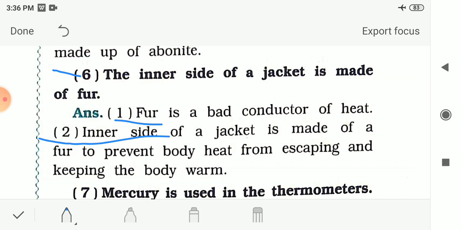It is the same idea as the woolen clothes we wear in the winter season. Fur is also a bad conductor of heat. So to prevent heat from escaping from the body to the atmosphere and to keep our body warm, the inner side of the jacket is made of fur. So this is the reason.